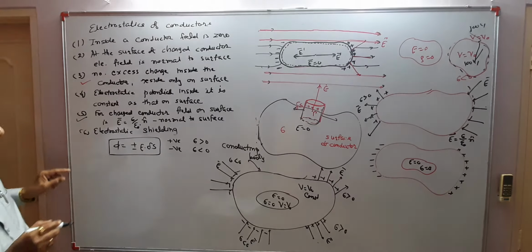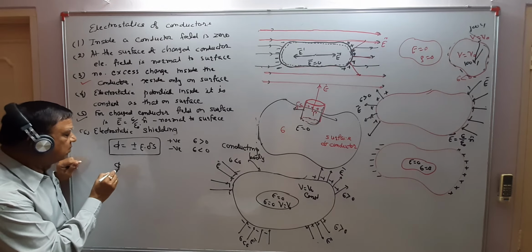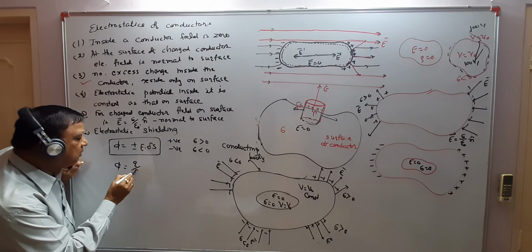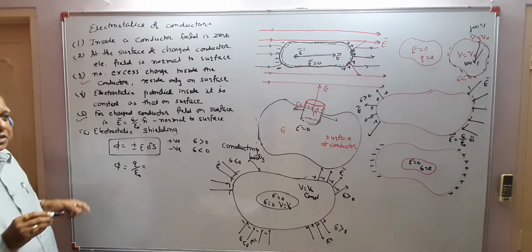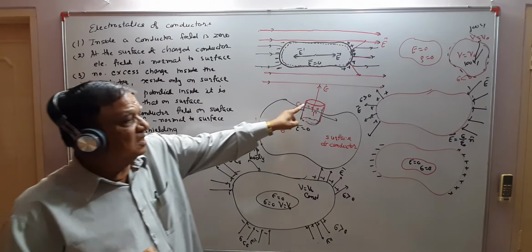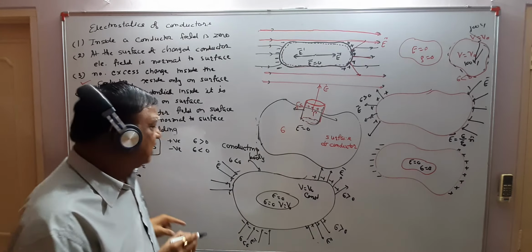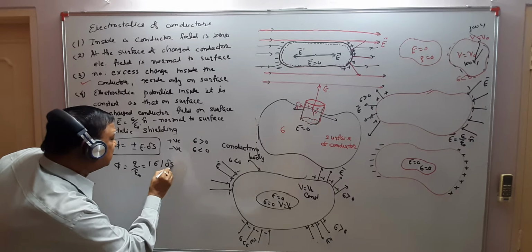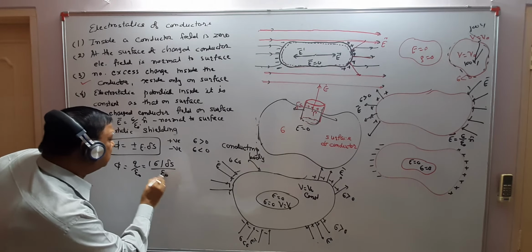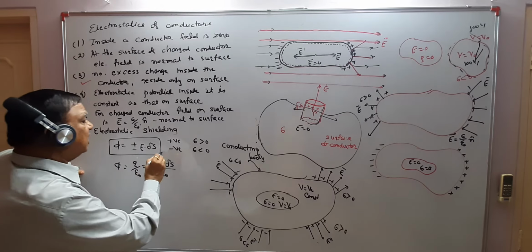Now also apply phi equal to Q by epsilon 0. The charge enclosed by the surface is sigma into delta S, divided by epsilon 0.